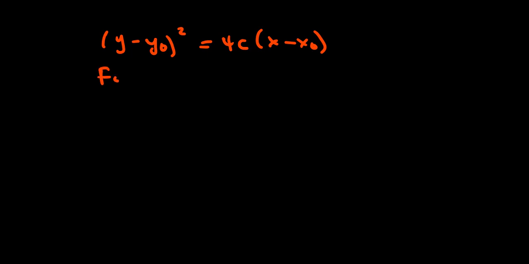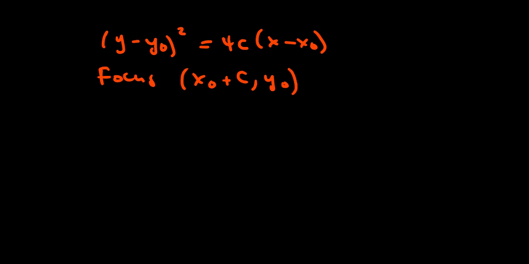So if you have a general form where you have y minus y naught squared equal to 4c, then x minus x naught, like this, then your focus is going to be x naught plus c comma y naught.